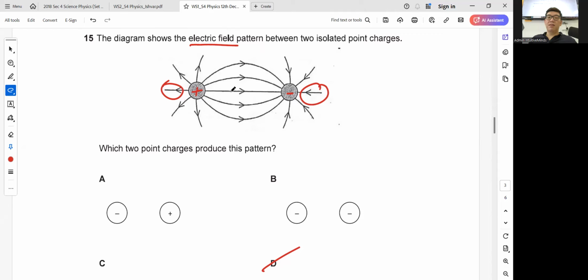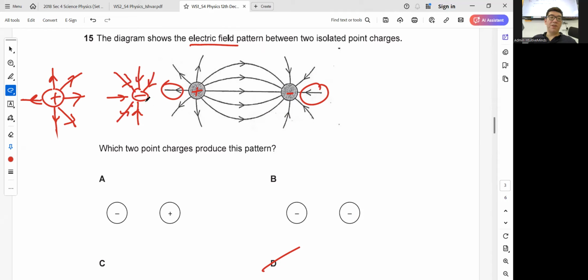A plus by itself would be something like this. A minus by itself would be something like that. So what happens if you bring them together? Then they start curving towards each other, lah. That's how you get this pattern.